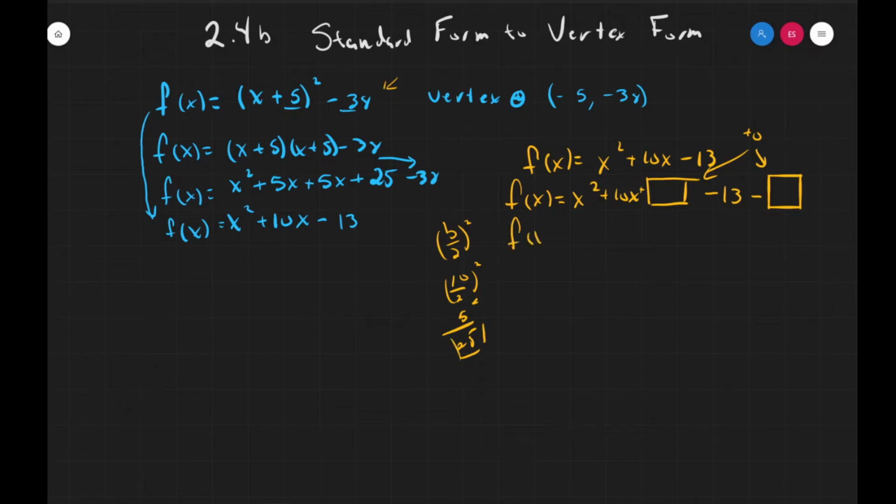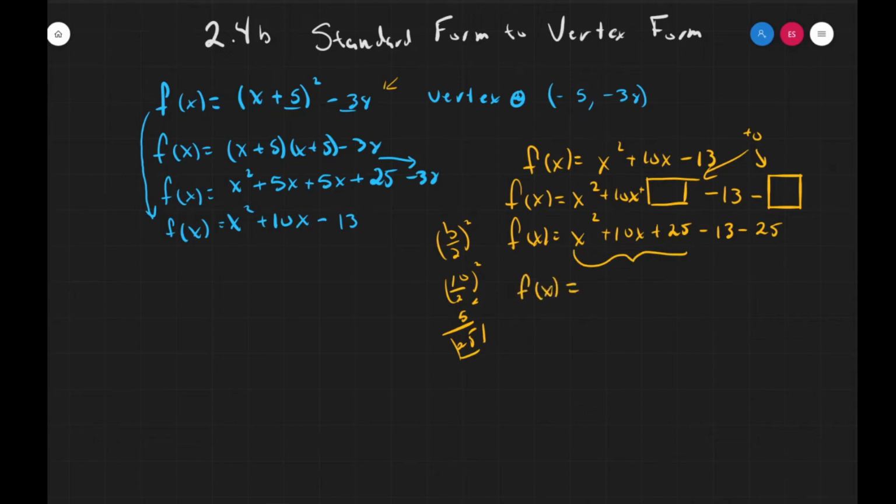So f of x equals x squared plus 10x plus 25 minus 13, and then minus that 25 that we just had. So that way we're effectively adding 0. Adding 25 here and subtracting 25 here doesn't change our original function. It's still the same. So now we can take and factor this using that perfect square trinomial.